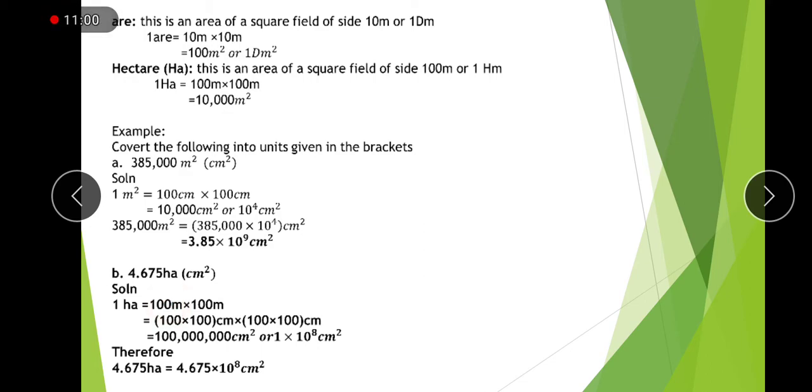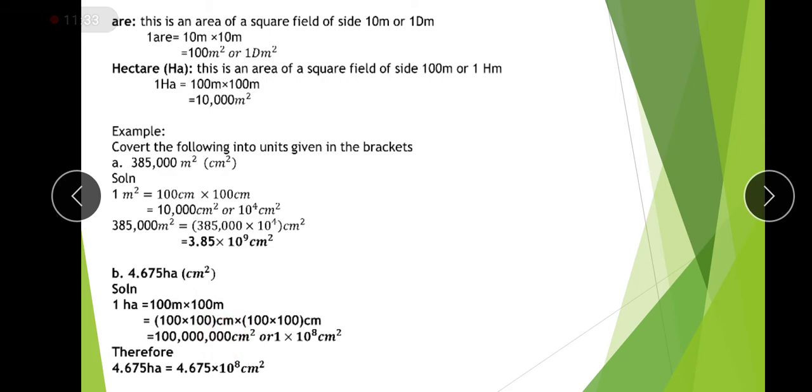We know that 1 meter is equivalent to 100 centimeter. So this will be 100 multiplied by 100 centimeter, then multiplied by 100 times 100, so that we convert this 100 meter to centimeter, and also this other 100 meter to centimeter. If you multiply this, you find that 1 hectare is equivalent to 100 million square centimeter.